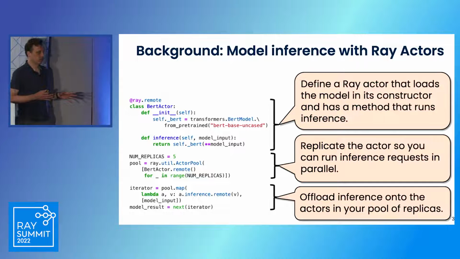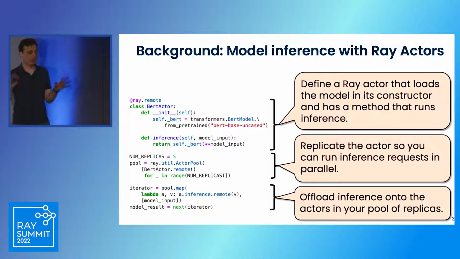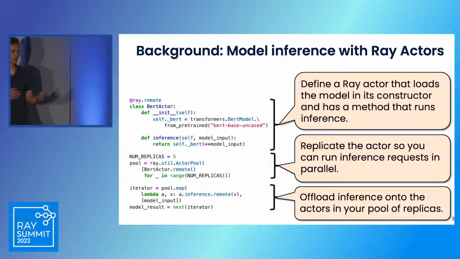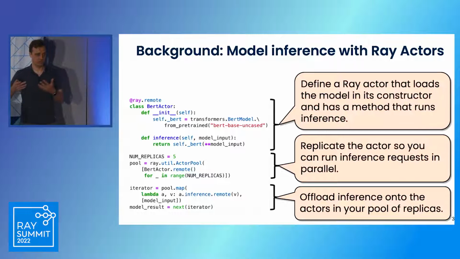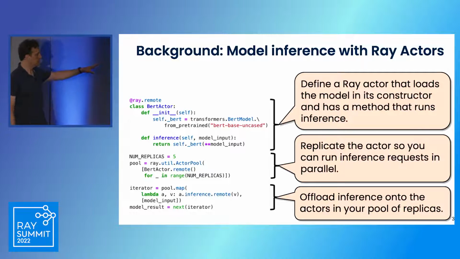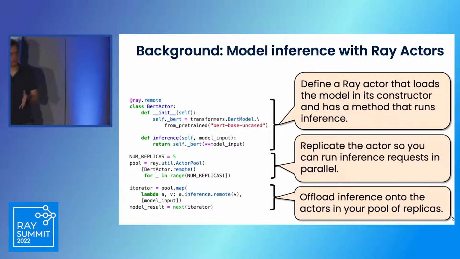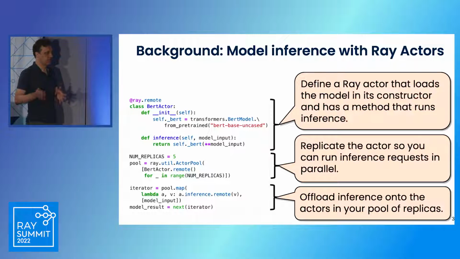So as some background, here's how you would deploy a typical deep learning model to Ray without using zero-copy model loading. If you're just using Ray's facilities to maintain a pool of preloaded models, so you're amortizing the loading cost that way, basically, you would wrap the model in a Ray actor. A Ray actor is a Python class with an associated process that is attached to the class and holds the class's state.